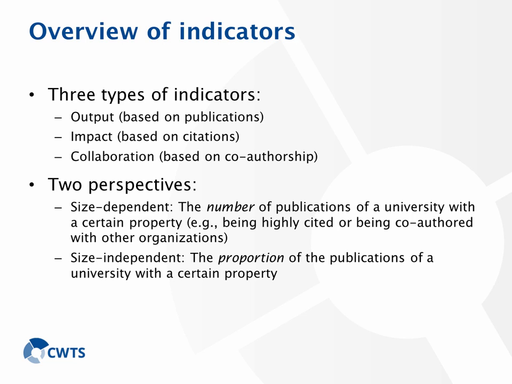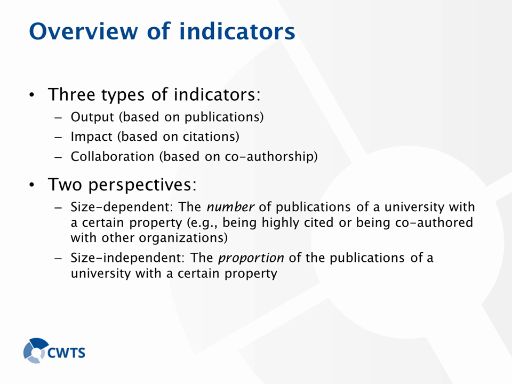The indicators are based on publications from the period 2010-2013. Only research articles and review articles are taken into account. Other types of publications are not considered. There is only one indicator of output in the Leiden ranking, which is simply the number of publications of a university. There are multiple indicators of impact and collaboration.